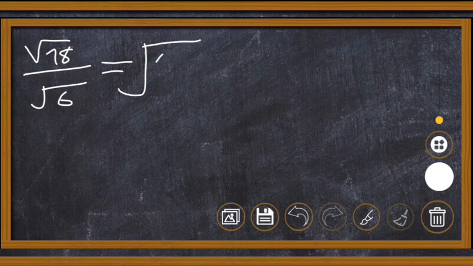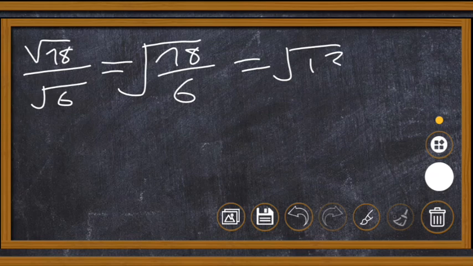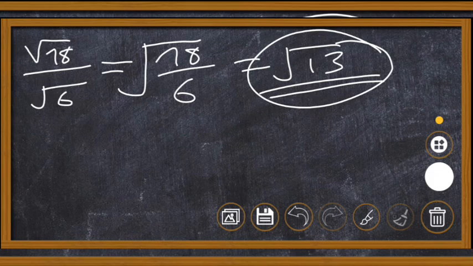So we have 78 divided by 6, and we know it goes exactly 13 times. So we are going to have the square root of 13. We end here because we cannot perfectly evaluate this irrational number.